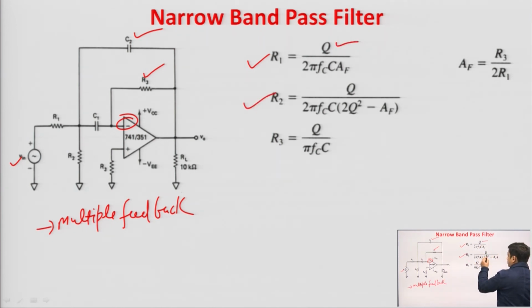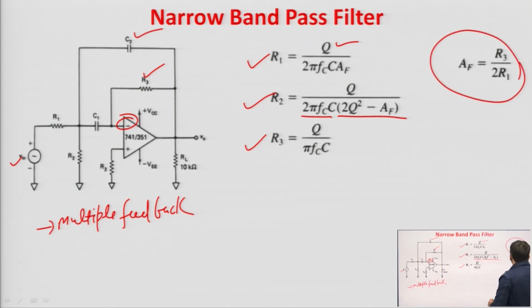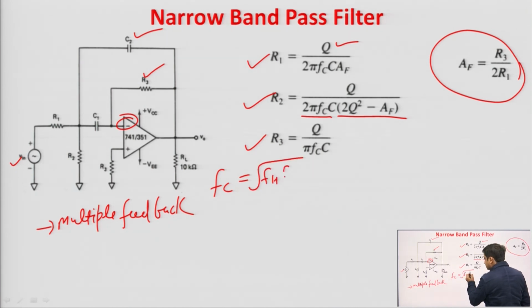Similarly, for R2, Q upon 2 pi Fc into C into 2Q square minus AF, and R3 equal to Q upon pi Fc into C, where AF is equal to R3 upon 2 R1, and this AF is the gain at the center frequency. Center frequency is the frequency at which we get the maximum gain, fine, and this center frequency is under root FH into FL.